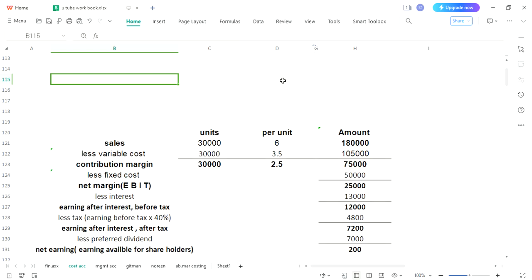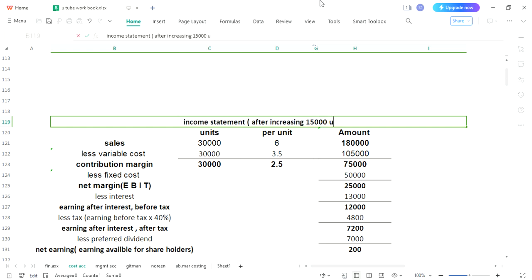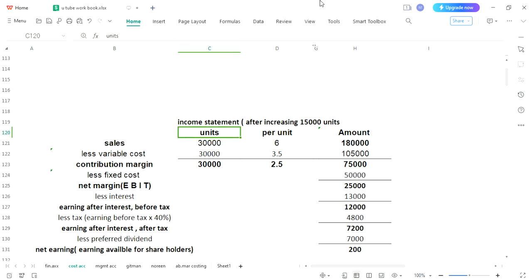Manually we will see what change would come. Okay, this was your old income statement, and now after increasing 15,000 units, what change would come over here? Let's write down.